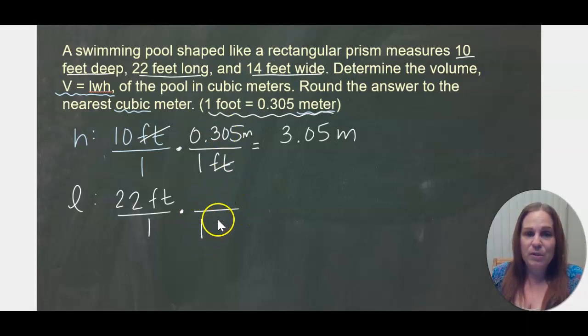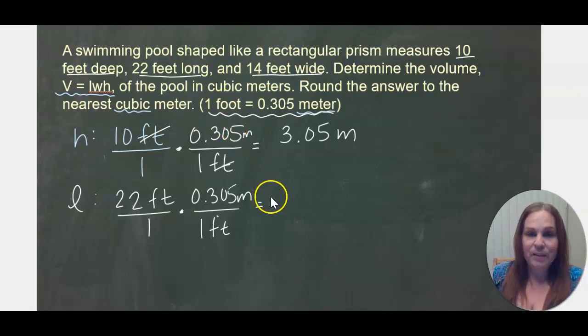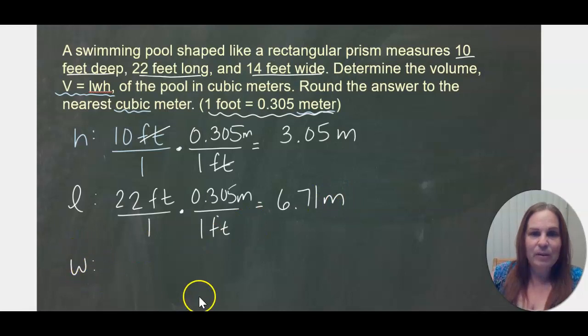I still want feet to cancel, so I'm going to set it up the same way, 0.305 meters over 1 foot. I'm going to use my calculator for this. So 0.305 times 22 is 6.71 meters. And then my width is 14 feet.